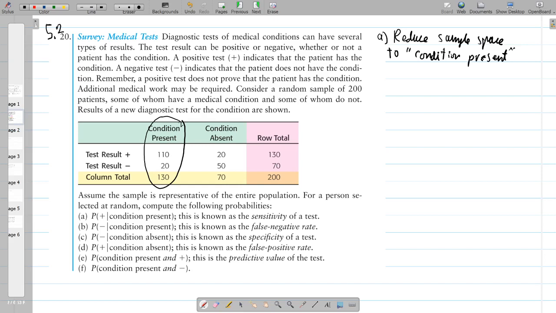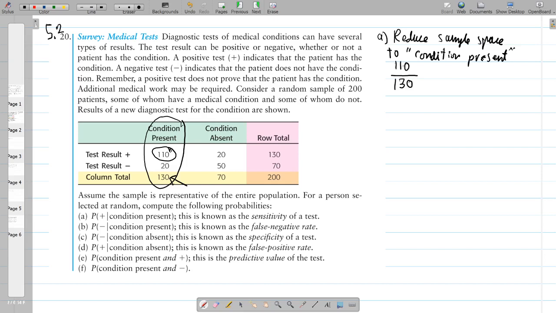And given that reduced sample space, which has a total of 130 tests, how many of them are positive? In this case, it's simply a total of 130 to consider in our reduced sample space, over 110 favorable.